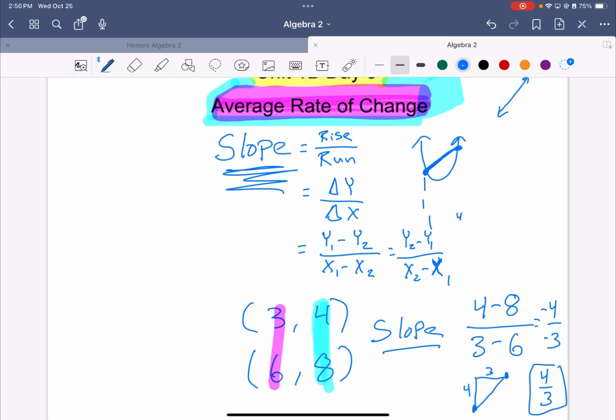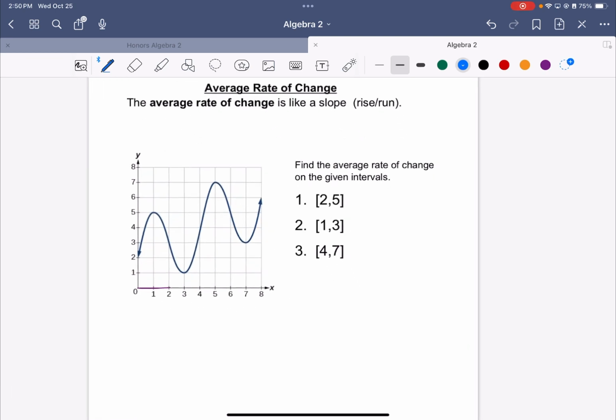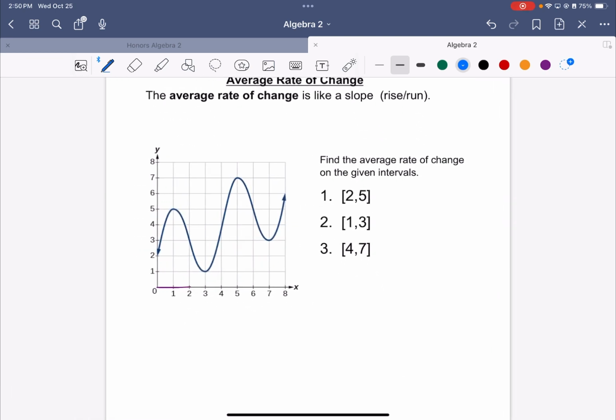Now, the big change for today is how we look at these. One of the ways we can look at these is finding the average rate of change, the slope, over given intervals. When we're finding average rate of change over given intervals, you have to understand a couple things.